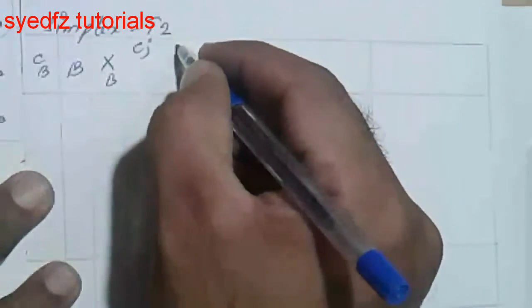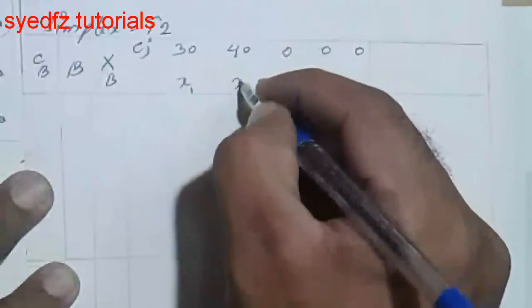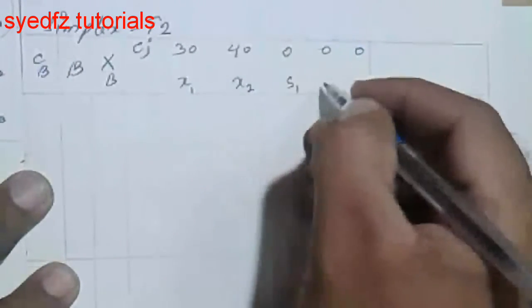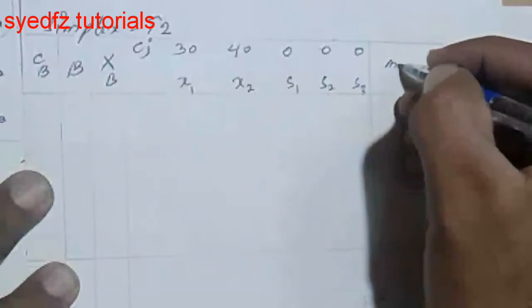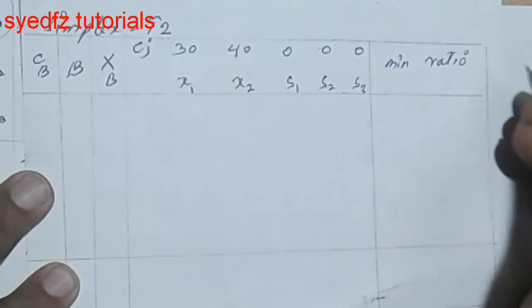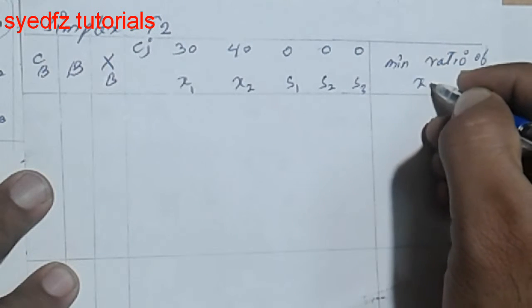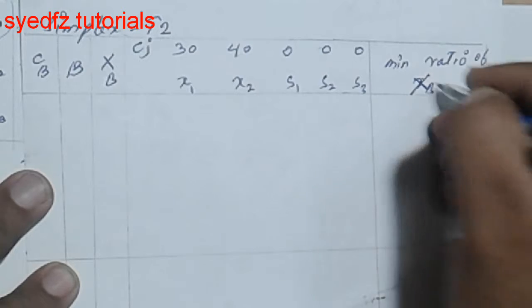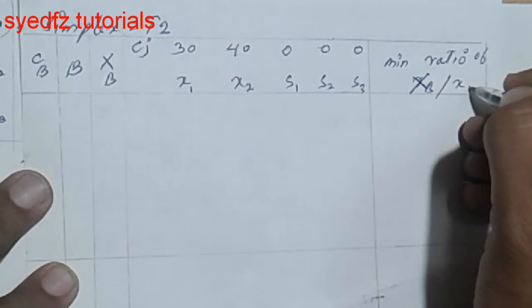The objective function always 30, 40, S1 0, S2 0, S3 0, under X1, X2, S1, S2 and S3. Here we have to write the minimum ratio. How will we get it? XB, solution to basic, divided by anyone, X1, X2, anyone.